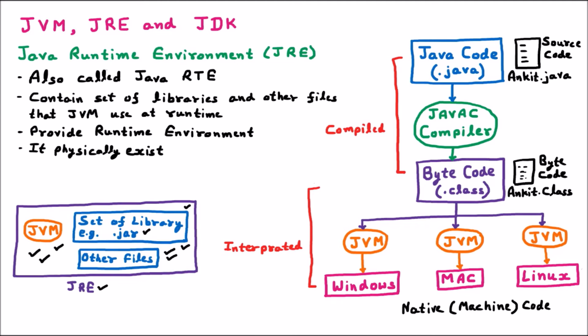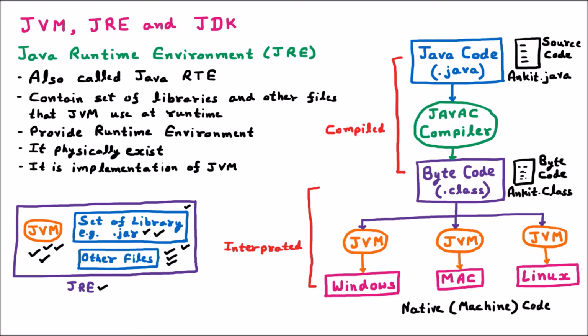So here we can say that JRE is the implementation of JVM. Behind the working of JVM, there is JRE, because JRE provides all the libraries, like .jar files and other files, to the JVM so that the JVM can work.